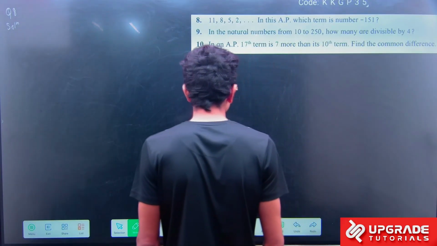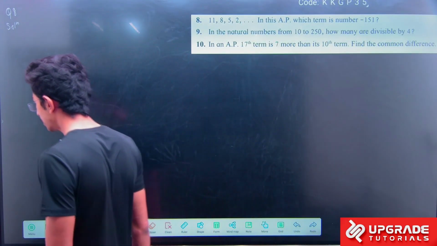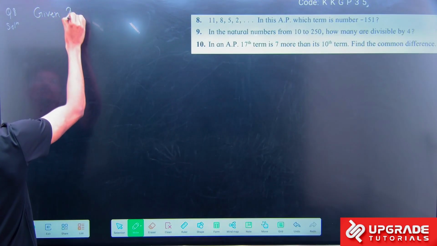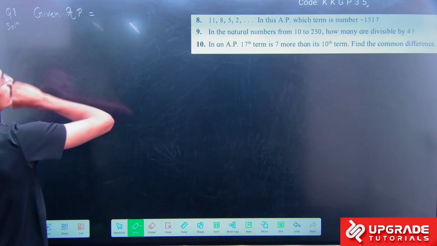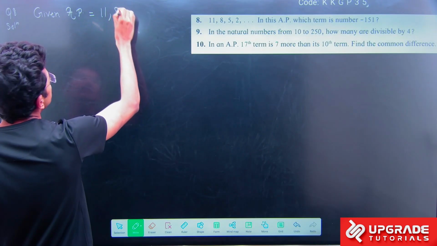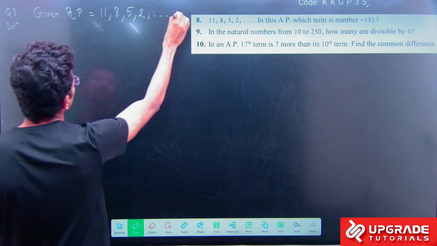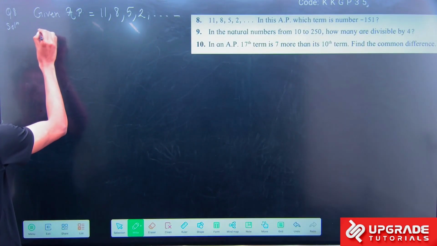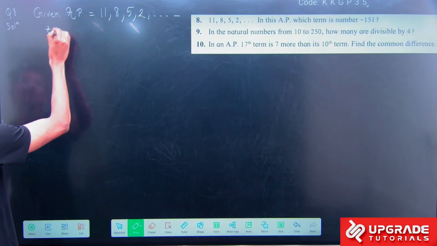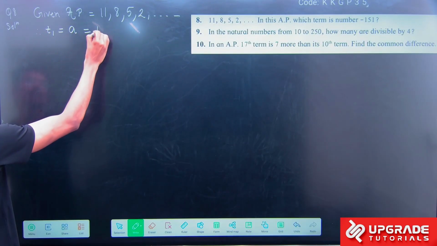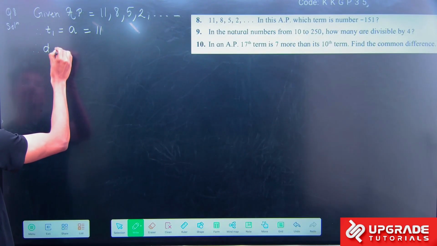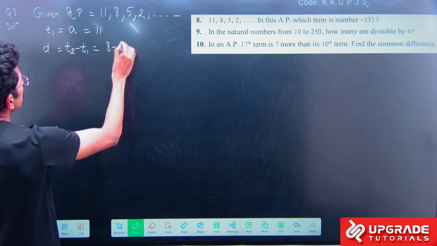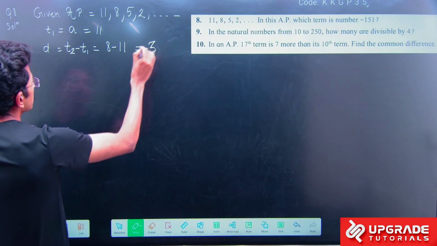So now first we'll write the given information. Given AP: 11, 8, 5, 2. Okay, so from the AP what all can we find out? Value of a, T1 is equal to a equal to 11. d is equal to T2 minus T1, which is nothing but 8 minus 11, that is minus 3.